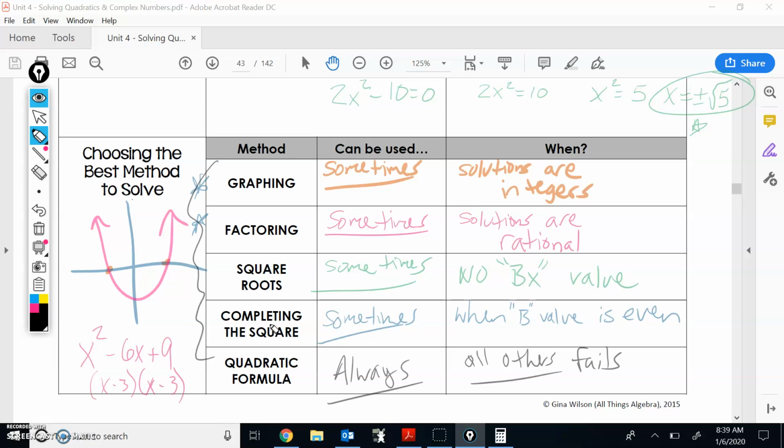I would try to do the quadratic formula last because it takes a little bit longer, and there's a lot more ways to mess up in the quadratic formula with negative signs and not simplifying properly. So try to graph, try to factor. Think about doing square roots or completing the square before the quadratic formula. But if you love it and you're great at it, you can always do it.